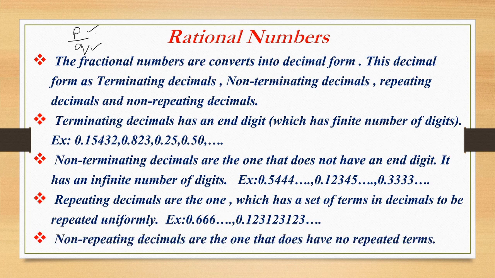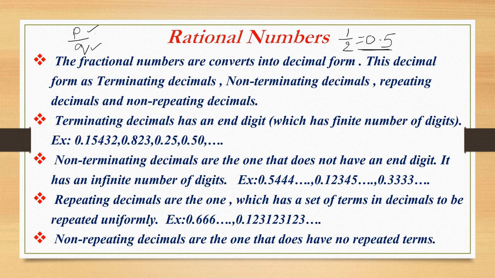Some of the properties of fractional numbers: fractional numbers convert into decimal form. For example, 1 by 2 is a fractional number. Here 1 is the numerator and 2 is the denominator. After calculating, the value of 1 by 2 is 0.5. This 0.5 is called the decimal form. Every fractional number has a decimal form.